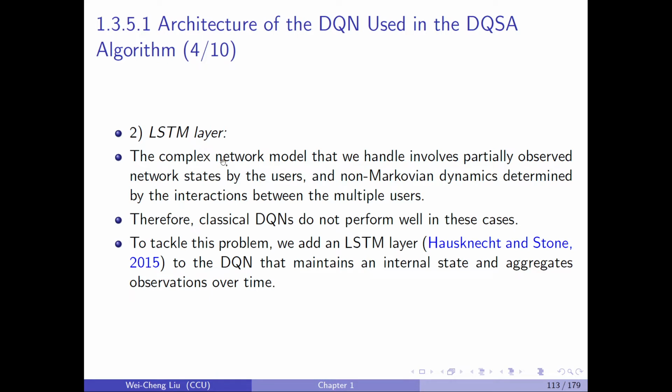The complex network model that we handle involves partially observed network states by the users and non-Markovian dynamics determined by the interactions between the multiple users. Therefore, classical DQNs do not perform well in these cases. To tackle this problem, we add an LSTM layer.